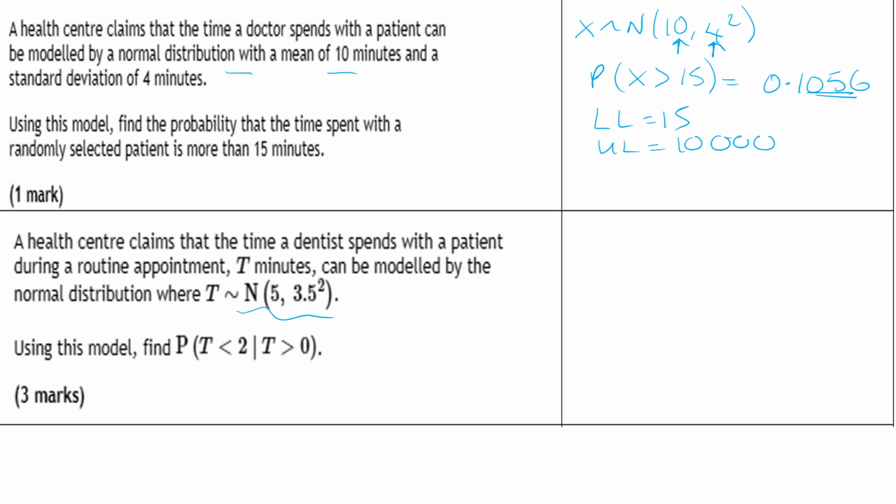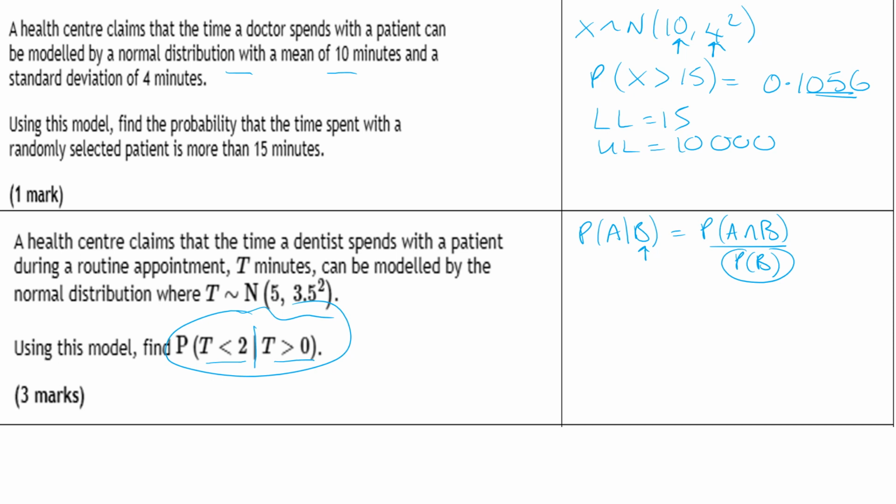Next one, we've got a health centre claiming that the time the dentist spends with the patient is modelled with a normal distribution of this, and we're trying to find the probability that t is less than 2, and then this line means given that t is bigger than 0. So when we've got this conditional probability, the probability of A given B, we can use the formula as probability of A intersection B divided by the probability of B. Given that B's happened, we're restricted with what it's out of B happening.